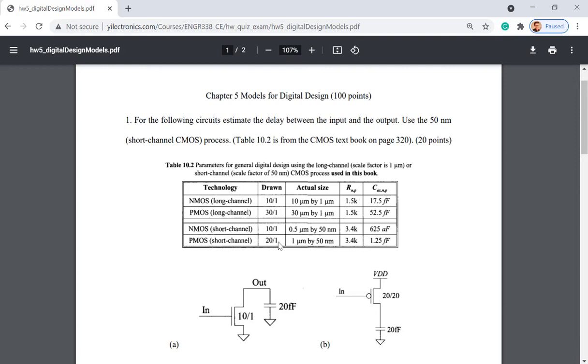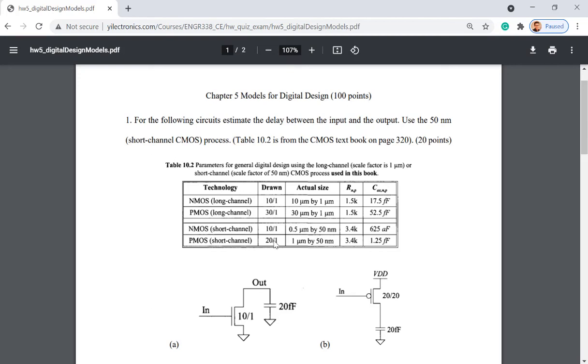But let's not worry about the 50 nano. Just look at the multiples. So it's just 20/1 versus 20/20. So definitely this one will be longer or shorter than this one.